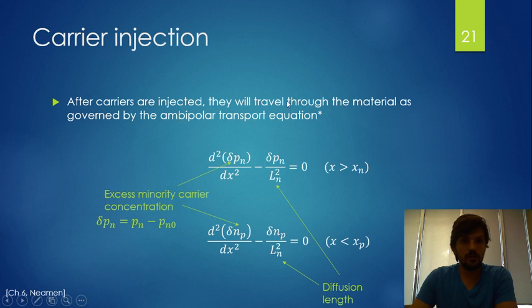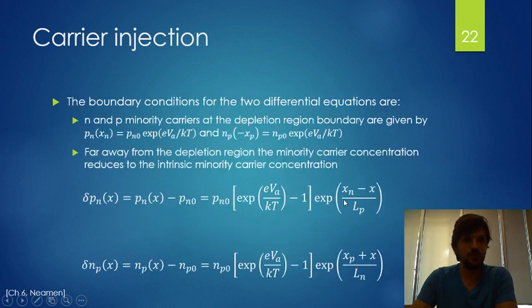After these carriers are injected, they'll travel through the material, and this is governed by the ambipolar transport equation, which can be found in Chapter 6 of Newman. To summarize, the resulting differential equations will govern how the gradient will behave over space. To solve these two differential equations, we'll need to apply boundary conditions.